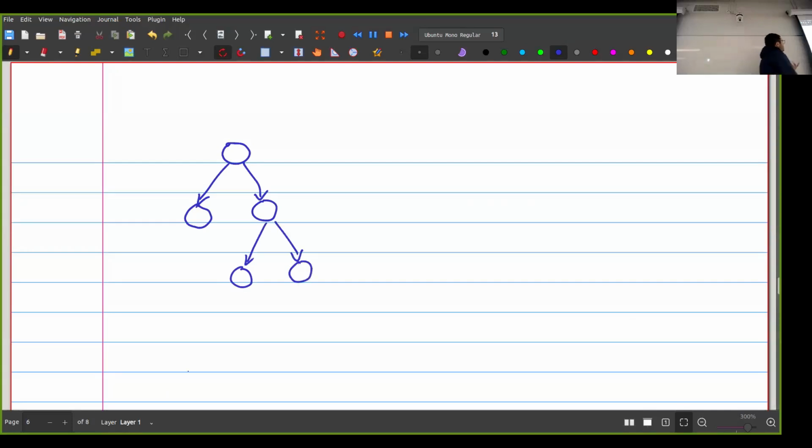Now, how do these pointers work in programming languages like C or C++? Basically, the idea is that each one of these items is saved somewhere in your memory, somewhere on your RAM, and that location has a number, and the pointer is basically the number. So whenever I'm writing this pointer here, this pointer is basically the location in memory.